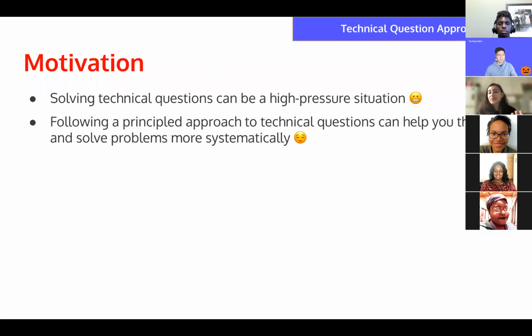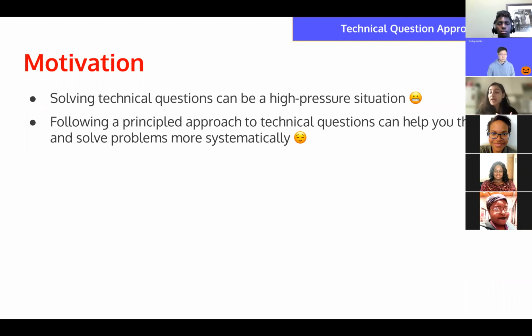We've all been there, solving technical questions in real time in front of someone you probably don't know. It can feel like a lot of pressure and very stressful. Oftentimes I find it's not always about whether you know something or not, it's about setting yourself up for success.